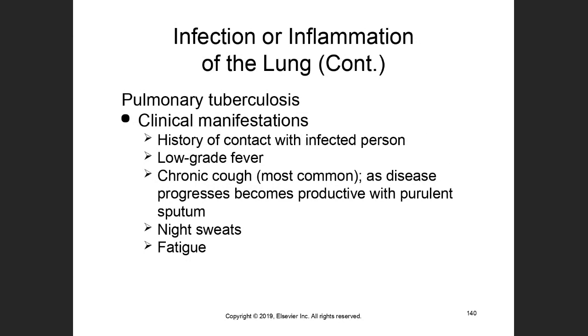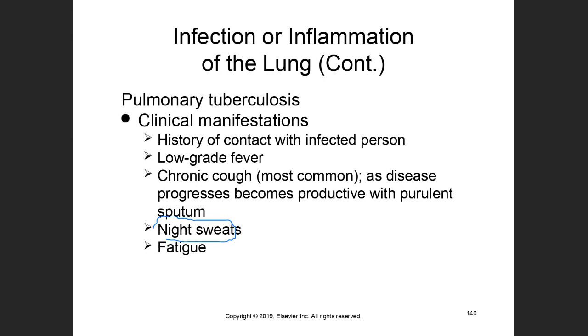Clinical manifestations: history of contact with an infected person, low-grade fever, chronic cough, most of the time hemoptysis, night sweats, fatigue. All those symptoms you also see in patients with cancer. One of the main differences between pulmonary tuberculosis and cancer is the age.